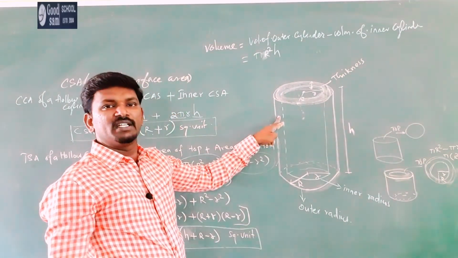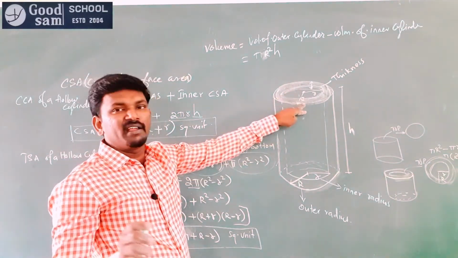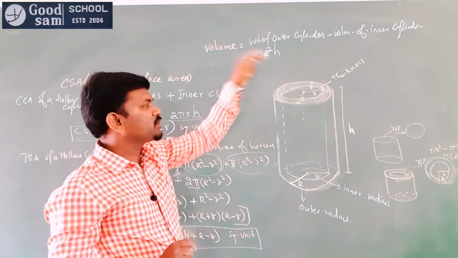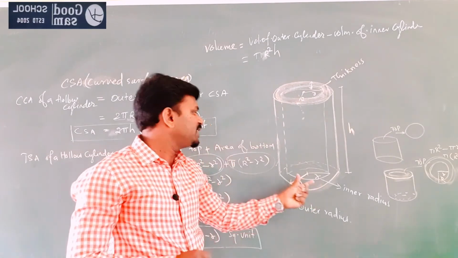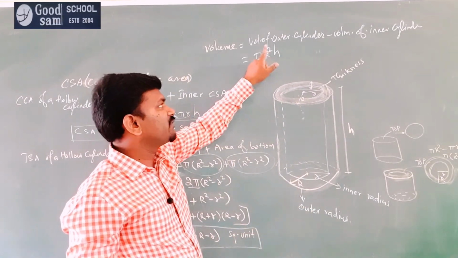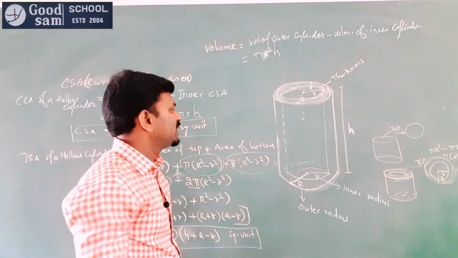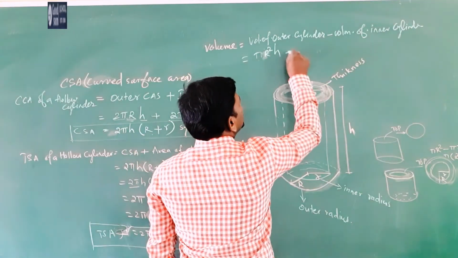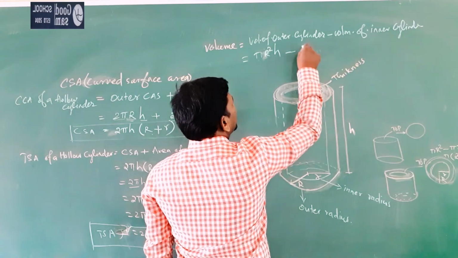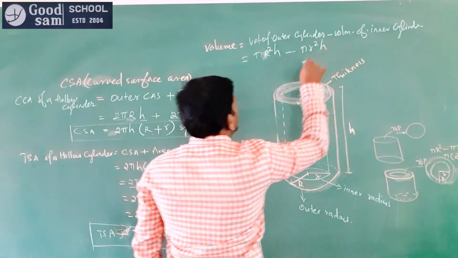For both the cylinders we are going to use the volume formula pi r square h. Because of the outer radius capital R, we are using capital R for the outer cylinder. The inner radius of the inner cylinder is smaller, so minus the volume of the inner cylinder, pi small r square h.